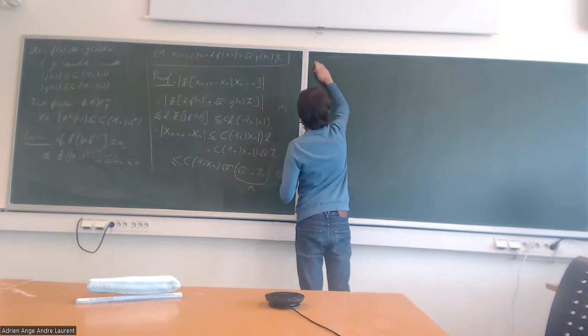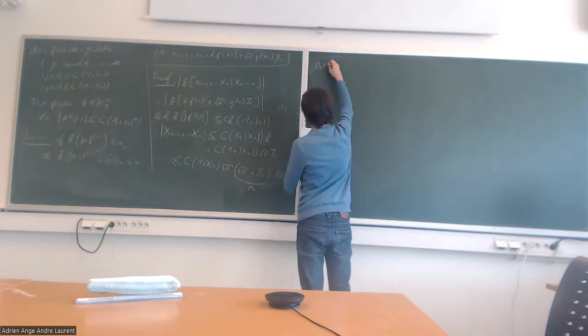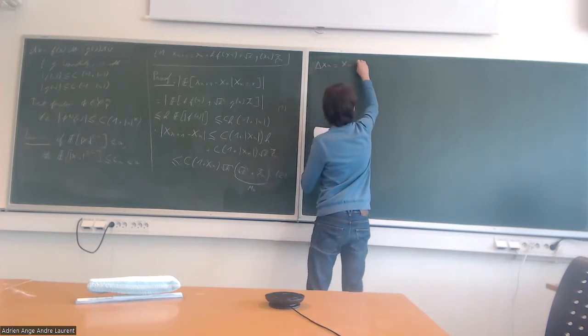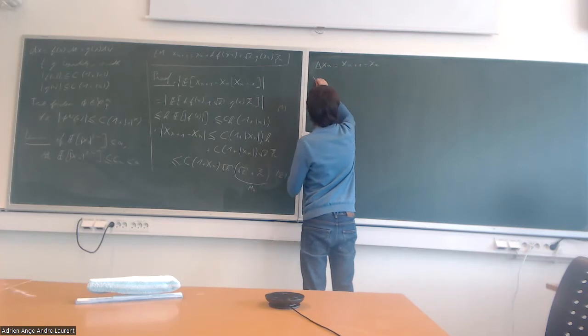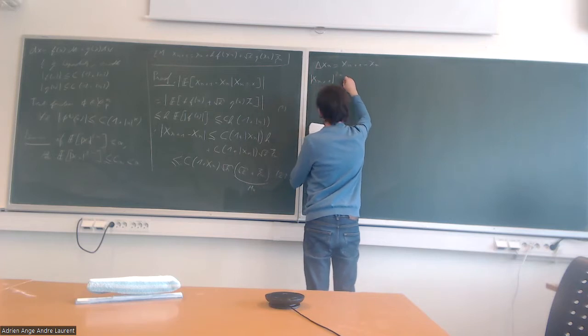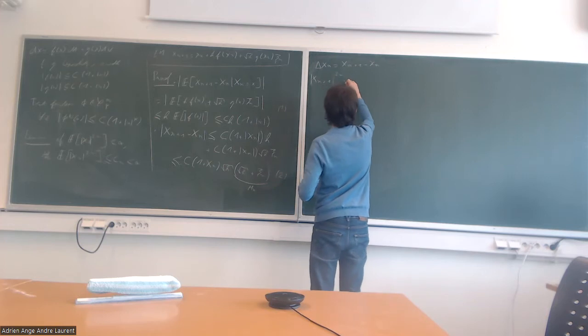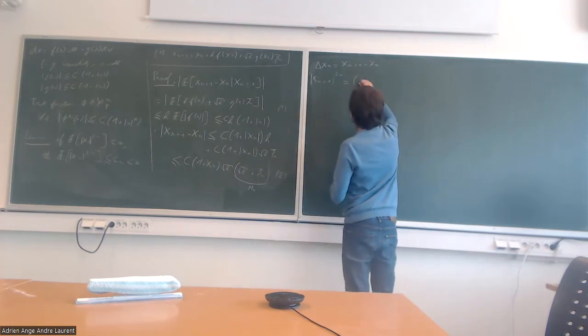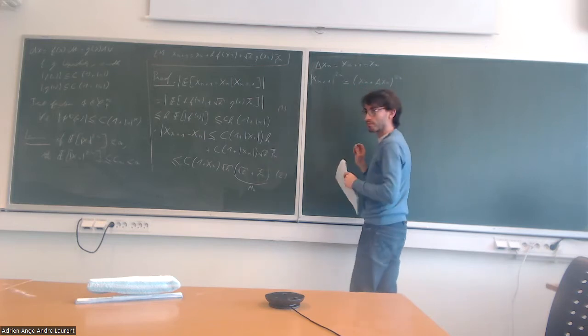So I will write delta xn is equal to xn plus 1 minus xn. Then xn plus 1 to the power 2m is xn plus delta xn to the 2m.